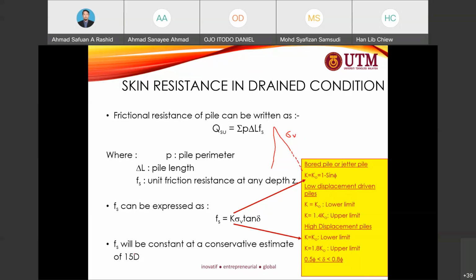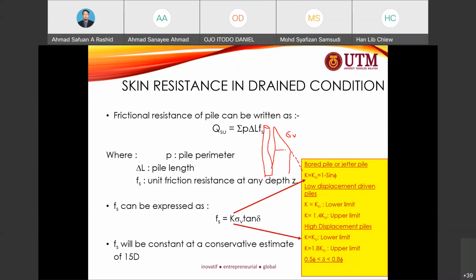However, when we use the 15D, it means that when it reaches the 15D, it will have a constant value up to the length of the pile. For example, if the pile is 30 meter, and the 15D is 15 meter, the calculation for the skin friction should be consistent in terms of the effective stress value.